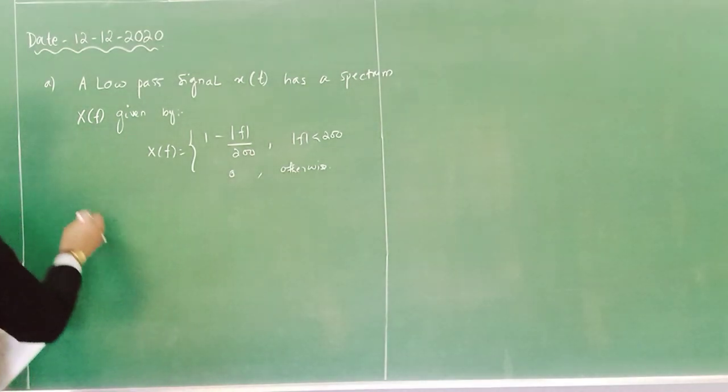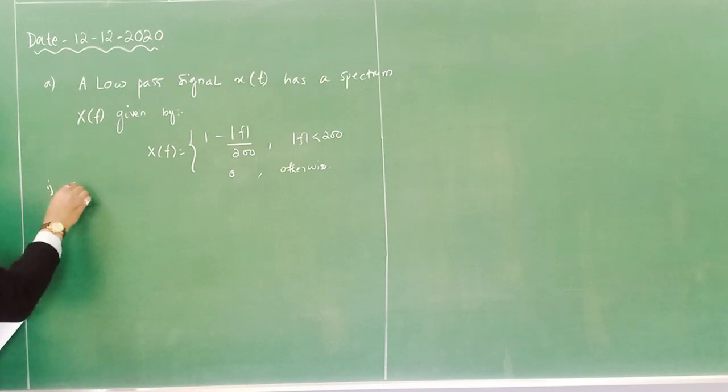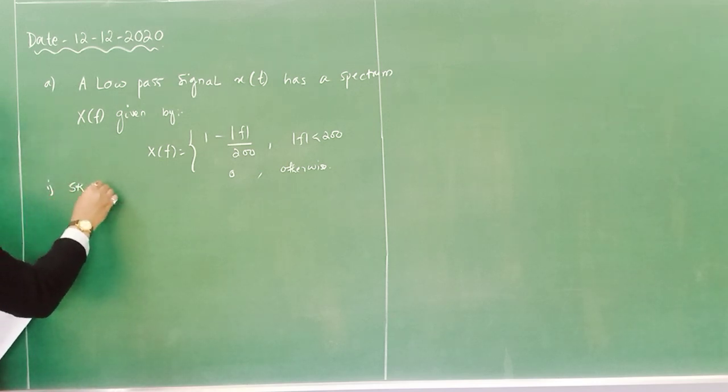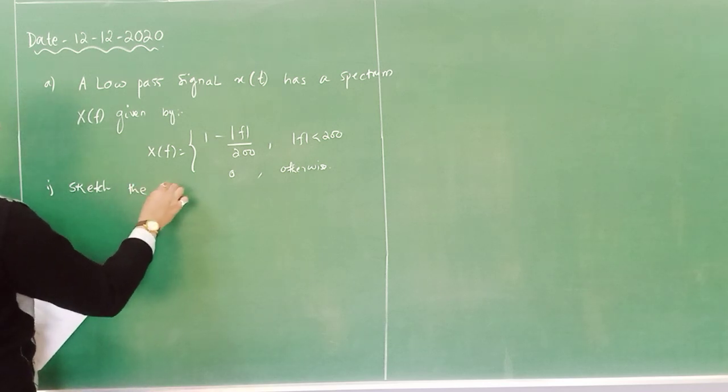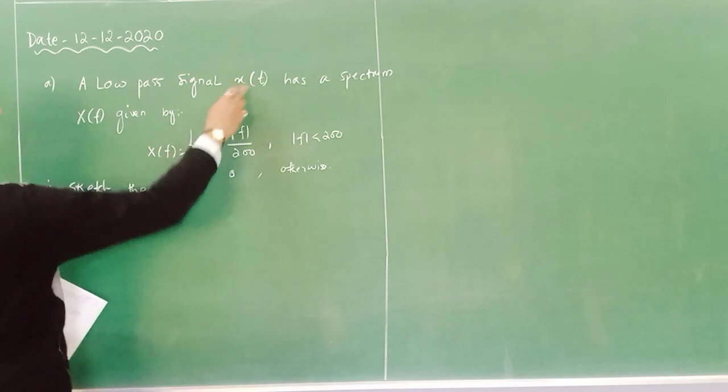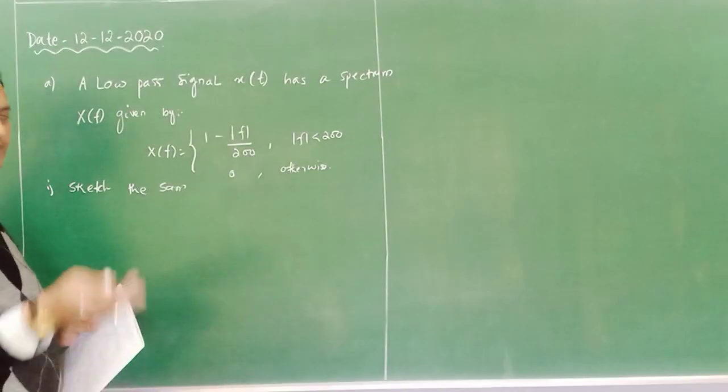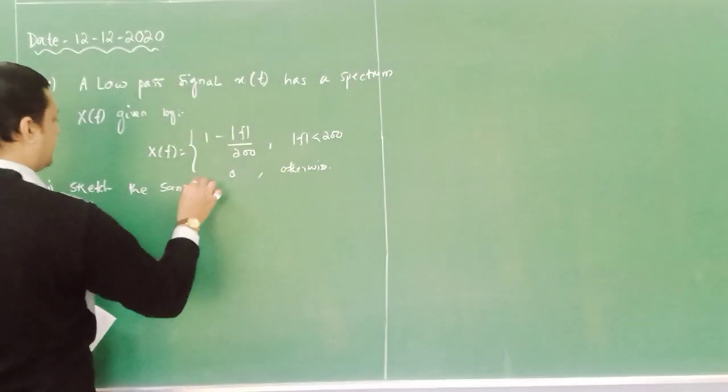Here we need to sketch the sampled spectrum. Means x of t needs to be sampled and the spectrum we need to represent.